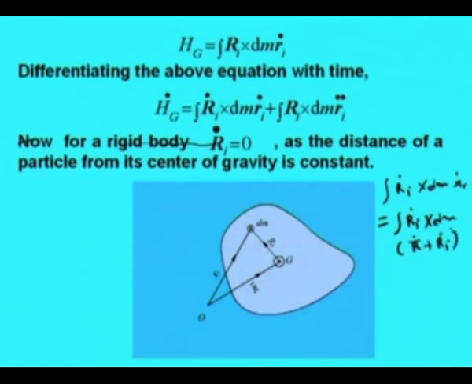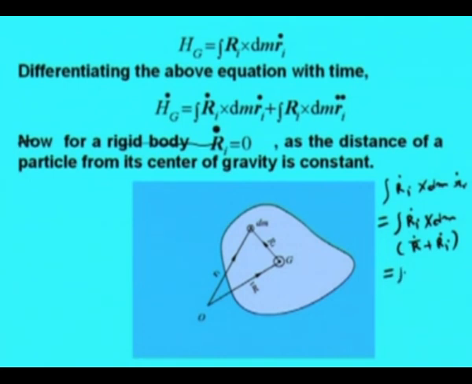Then the second term will obviously become 0, because the cross product of Ri dot with Ri dot is 0, and the first term becomes 0 by the definition of the mass center.